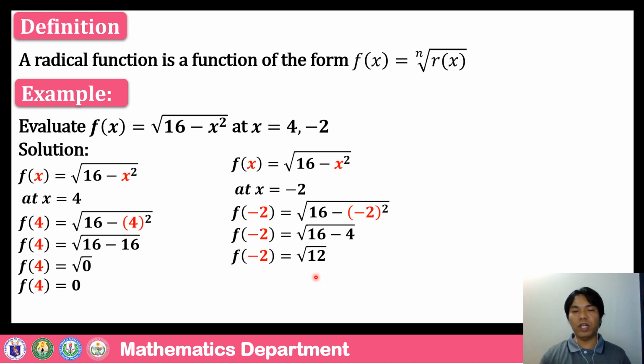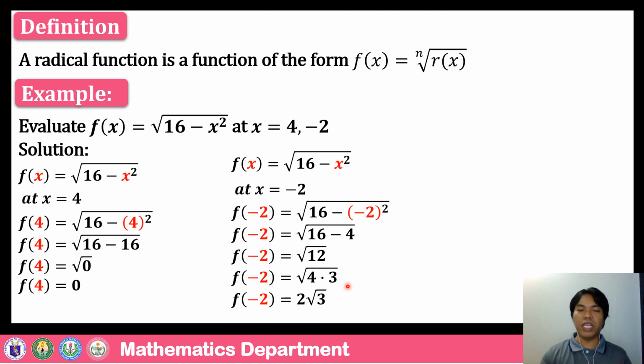The square root of 12 can still be simplified. Pwede nating i-factor out yung ating perfect square na factor ng 12, which is yung 4. So 12 can be expressed as 4 times 3. And then, we extract the square root of the perfect square factor ng 12. Therefore, the answer here is 2 square root of 3.